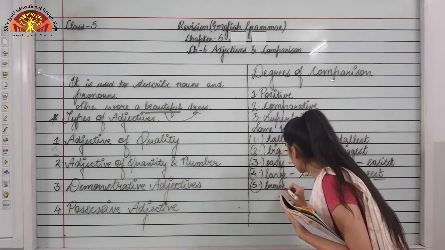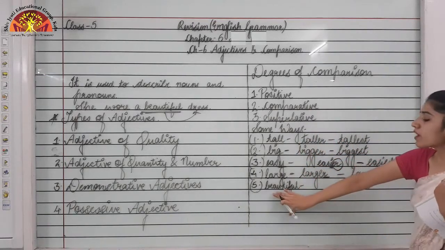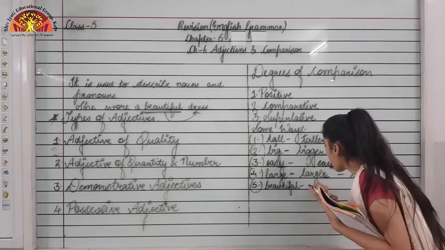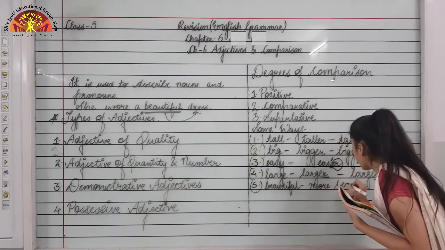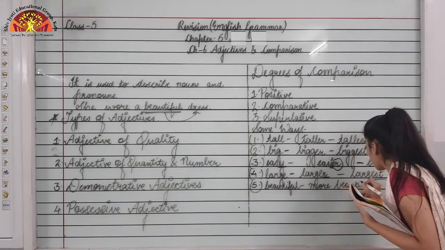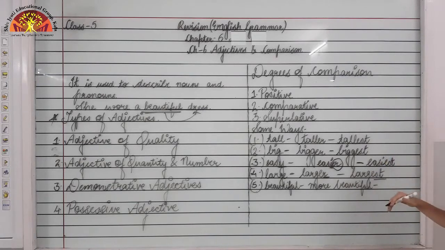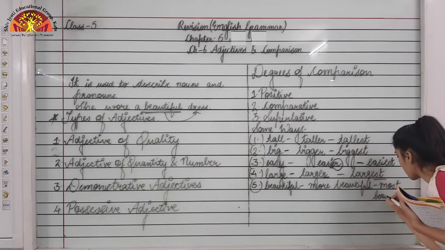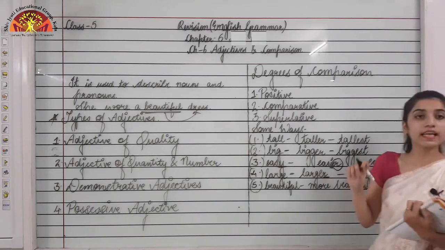Let's take beautiful only. To make the comparative degree of beautiful, we'll add more before beautiful. So more beautiful, and the superlative degree, we'll add most. Most beautiful.